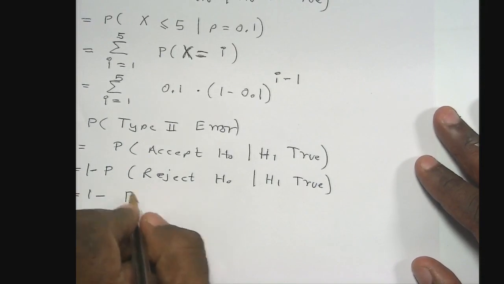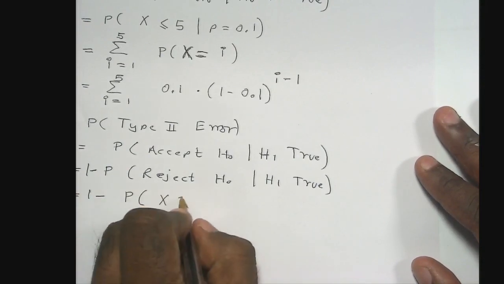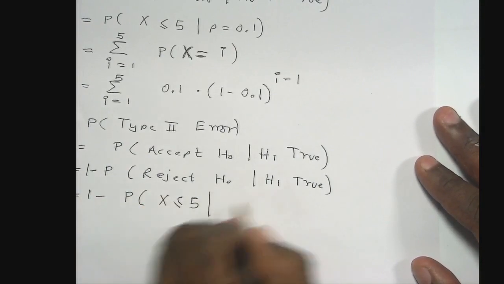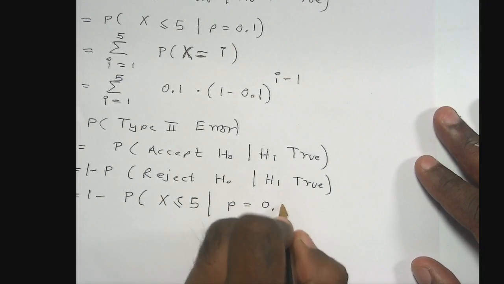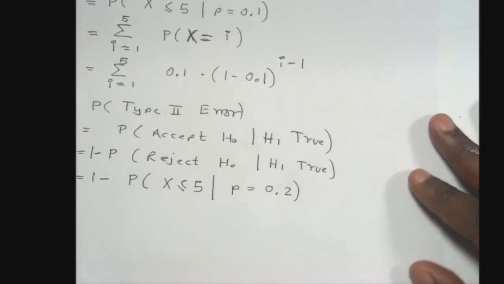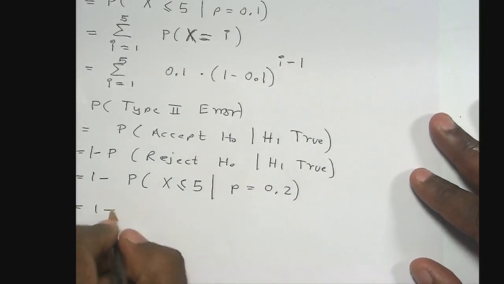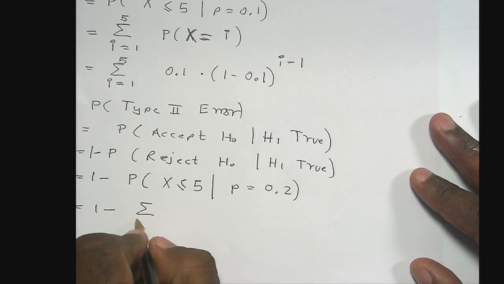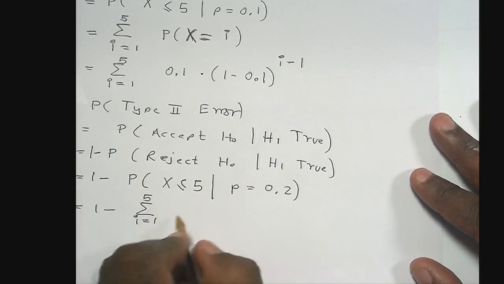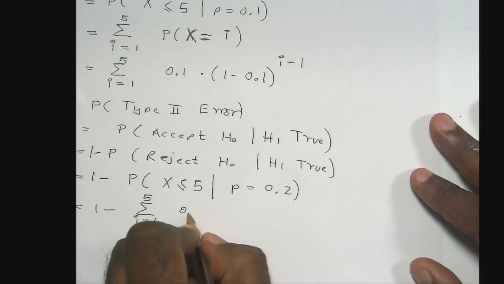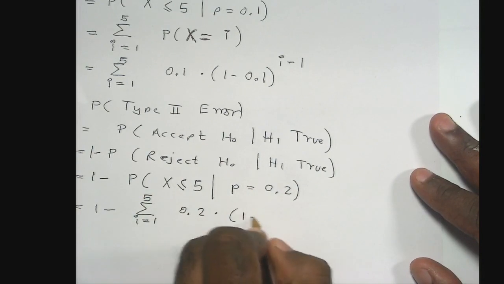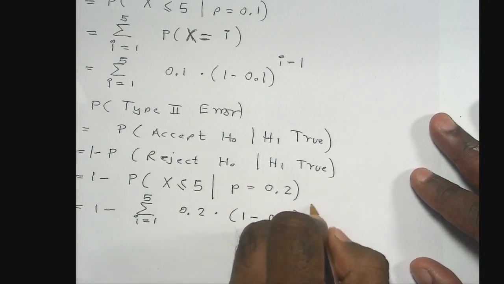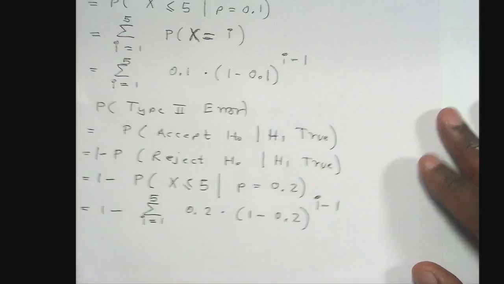So this is 1 minus the probability that x is less than or equal to 5. Now H1 is true if p is 0.2, so this is 1 minus the sum for i from 1 to 5 of 0.2 times 1 minus 0.2 to the power i minus 1.